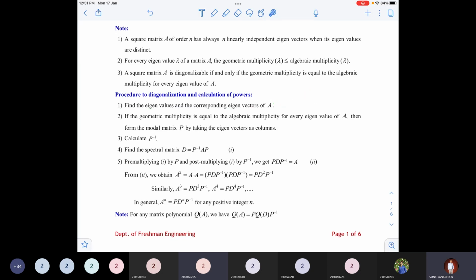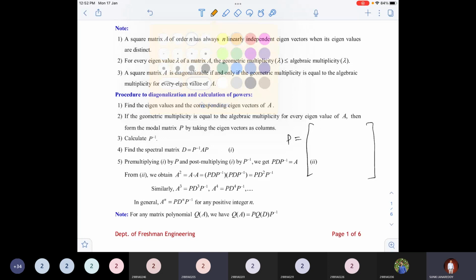After that, you need to observe one condition: geometric multiplicity is equal to algebraic multiplicity for every eigenvalue of A. Then form the model matrix, P. For example, for a 3 by 3 matrix we get 3 eigenvectors.